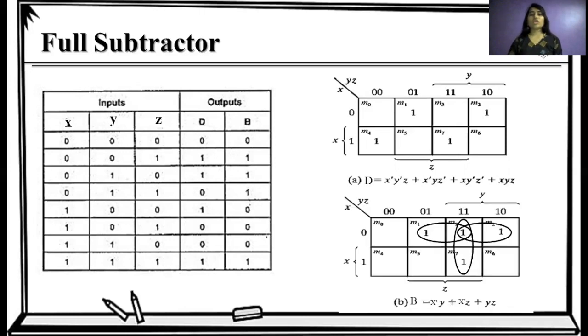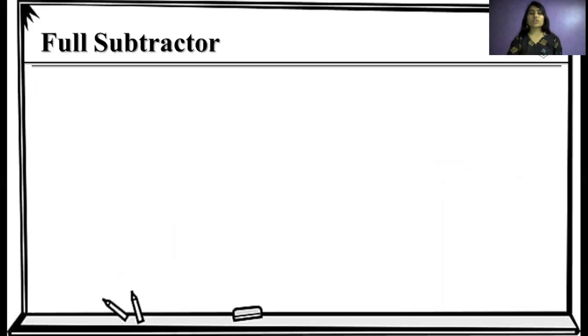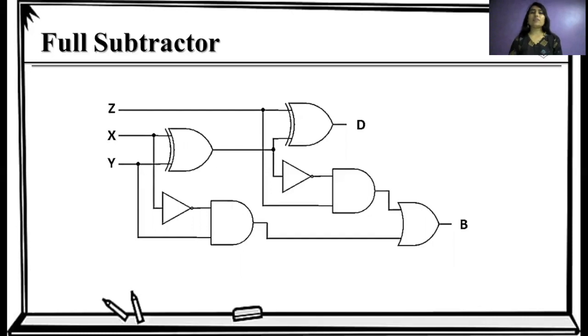Then we have an equation for borrow: B = X'Y + X'Z + YZ. We can implement this logical expression with logical gates. So here we have a logical diagram of the full subtractor: X and Y are XORed, then it is given to Z with an XOR, so we have the D bit.